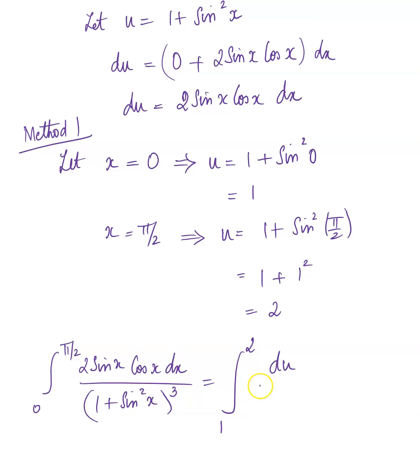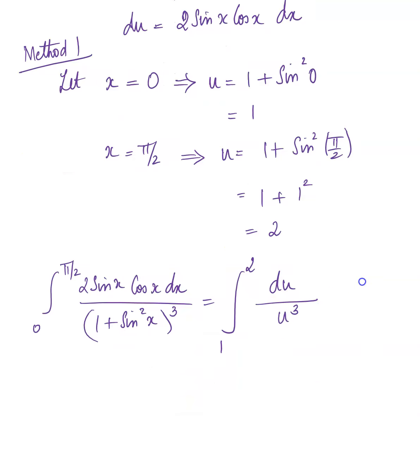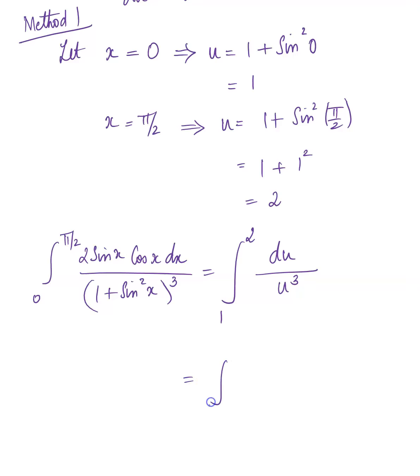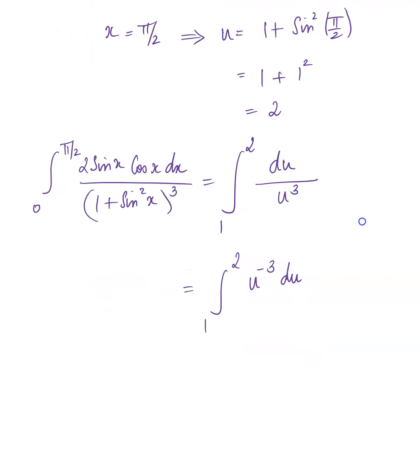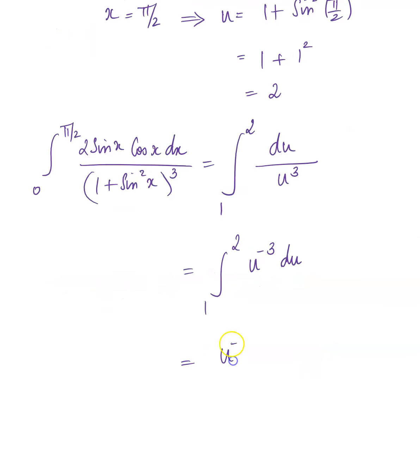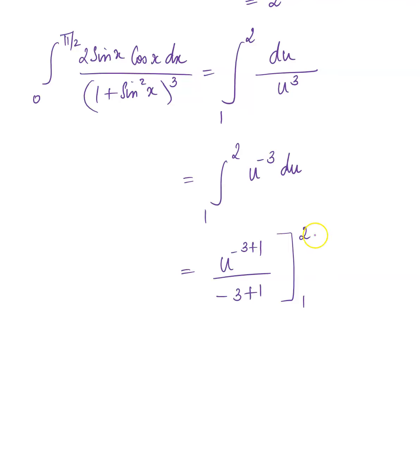The numerator is du over u cubed. And I can bring the u cubed to the top. That will become u to the power negative 3. And remember, these limits can be directly applied. These are limits for u. These are transformed limits. So you can use them for u.